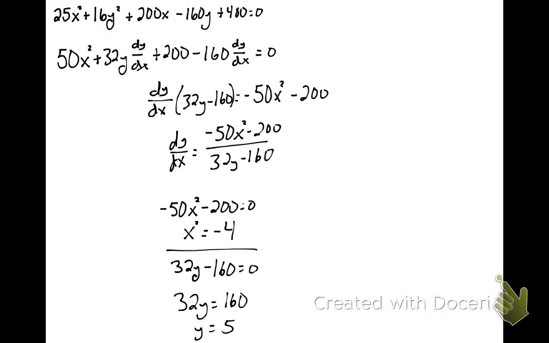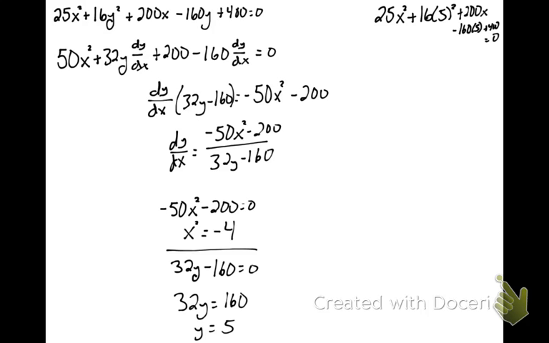And y will equal 5 with this given x value, and the directions are for me to find the points. So I'm going to need to go back to the original equation and substitute in 5. So we'll have 25x squared plus 16 times 5 squared plus 200x, I'm running out of room, minus 160 times 5 plus 400 equals 0.